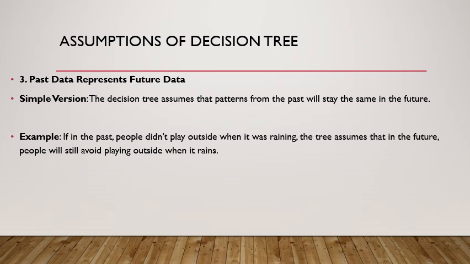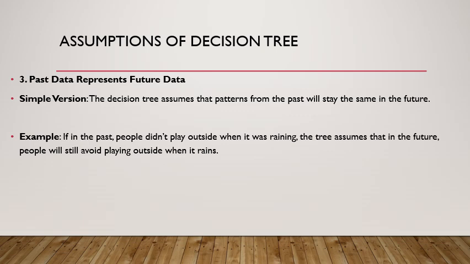If we take some real life situations, this assumption might not be true in all cases. If in the past people didn't play outside when it is raining, the tree assumes that in the future people will avoid playing outside in the rain, which might not be true in future. We can't predict it. Okay, this is about past data represents future data.